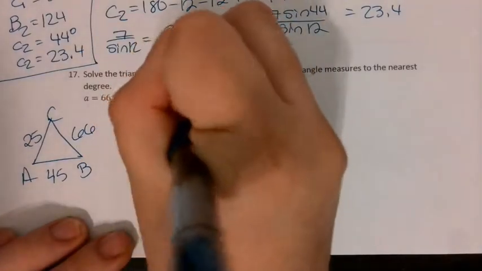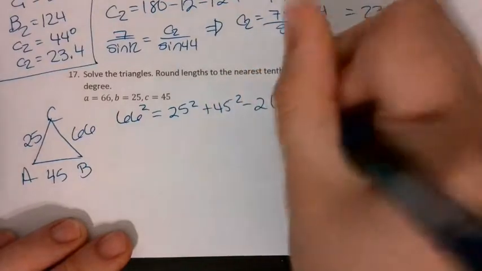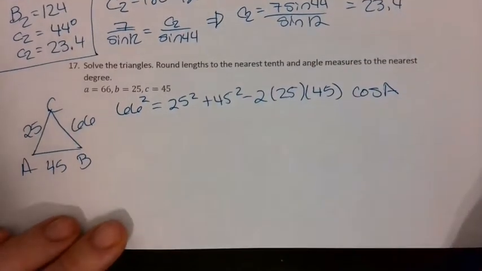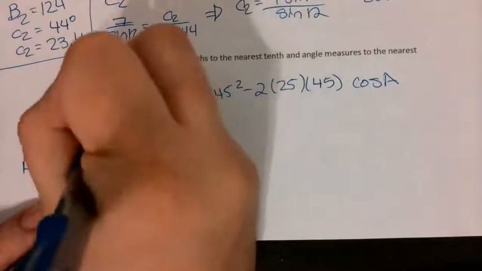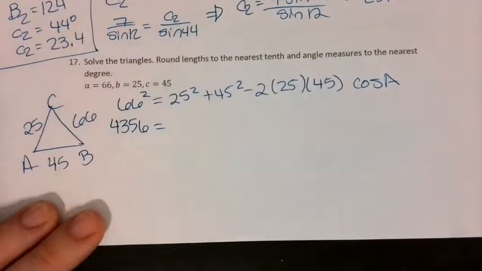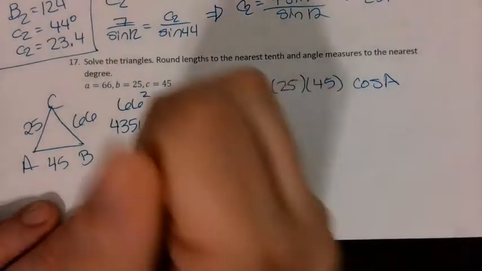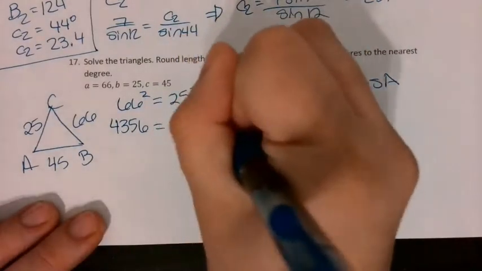and have that as your value that's squared on the left. Then I have 25 squared plus 45 squared minus 2 times 25 times 45 cosine A. What I want to do now is simplify so I can find my value of cosine A. 66 squared is 4,356. 25 squared is 625. 45 squared is 2025.